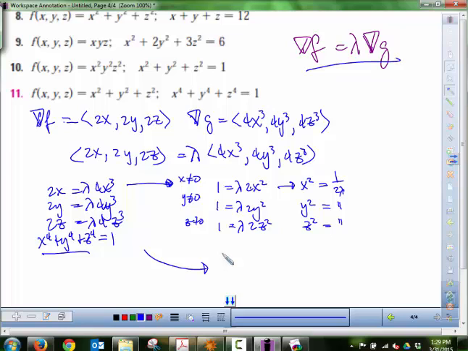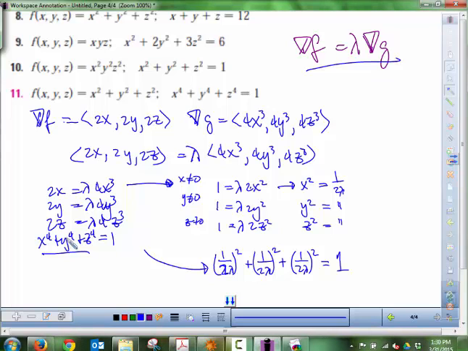So we'll put 1 over 2 lambda squared plus 1 over 2 lambda squared plus 1 over 2 lambda squared. This is x squared, so that's x to the fourth. This is y squared, that's y to the fourth, and then z squared, and this should all equal 1 according to the constraint. So we got 3 over 4 lambda squared, and then lambda is going to equal what?